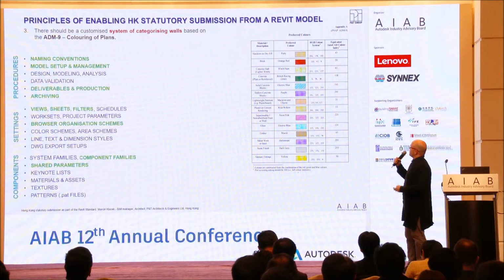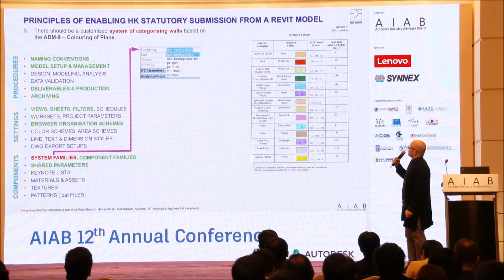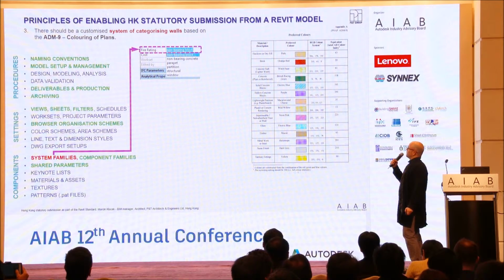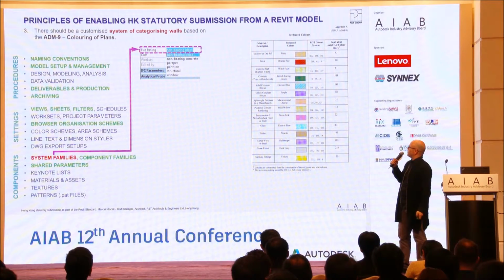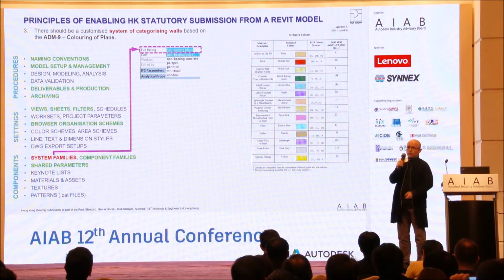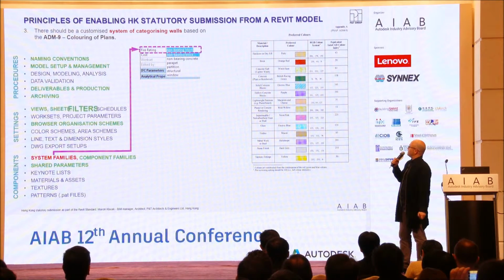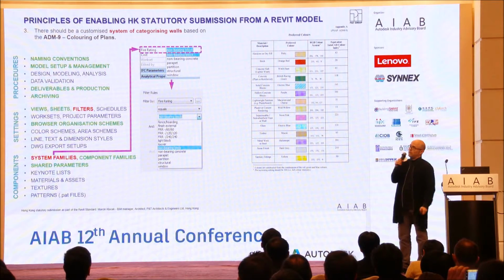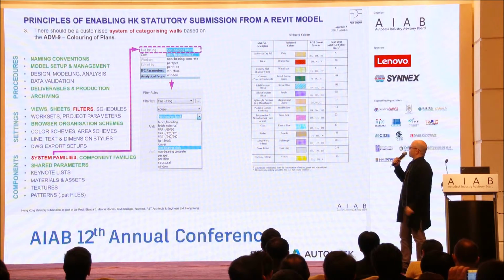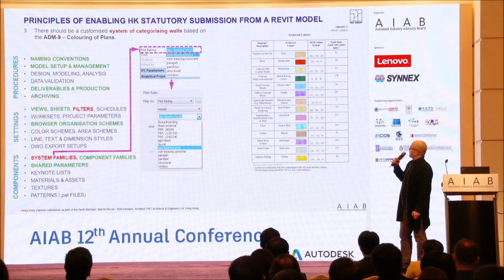So for that purpose, we are using a system family, which is the wall, and a property of this system family called fire rating, which has nothing to do with categorizing walls, but is the only property which can actually be used later in DWG setups, which I show on one of the further slides. So for now, the fire rating property is a text property, which is good.